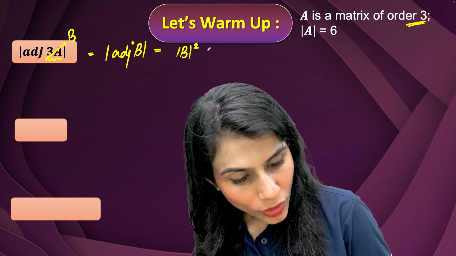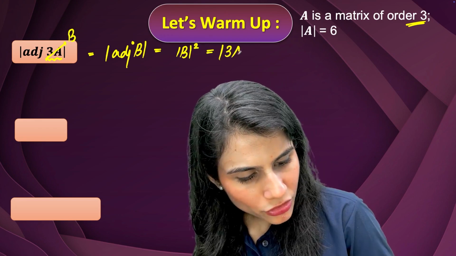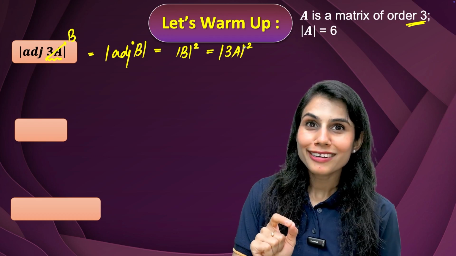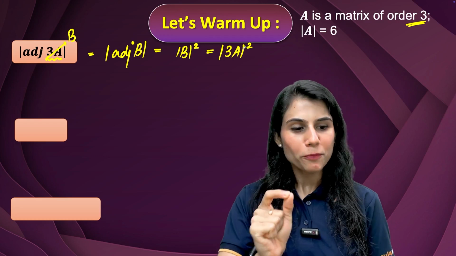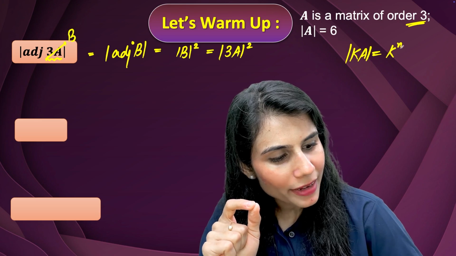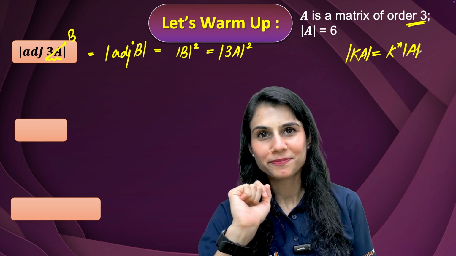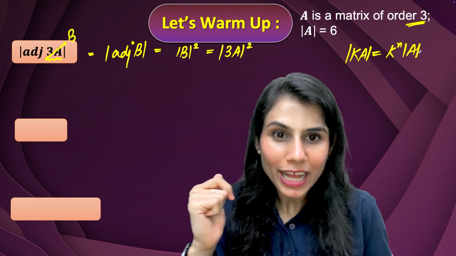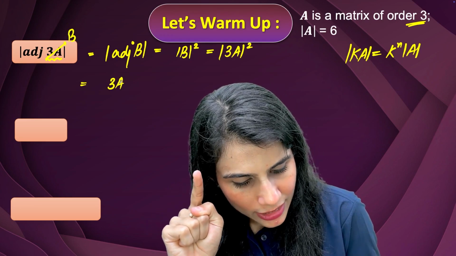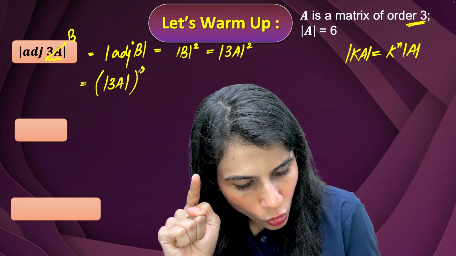Yes or no? But what is B? B is nothing but 3A. What will happen now? Now I want you to recall the property that determinant of K times A is K to the power n times determinant of A, where n is the order of A. So what will happen here? Very careful. This is determinant of 3A whole square.